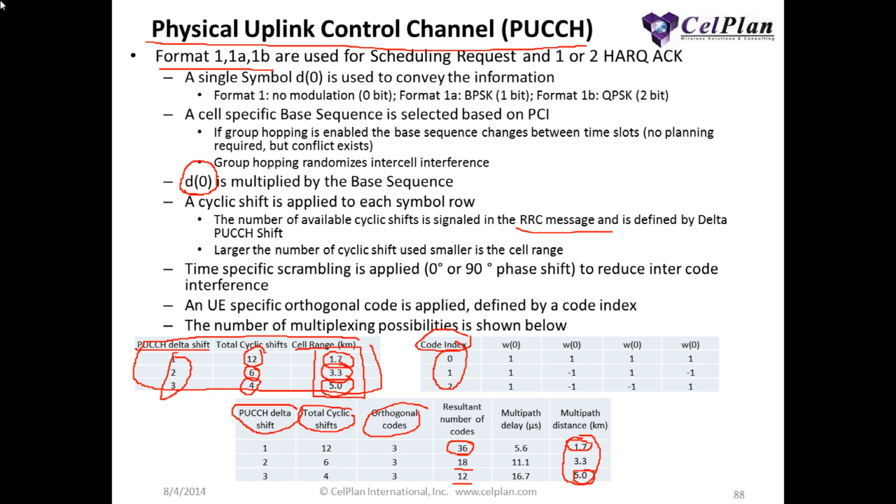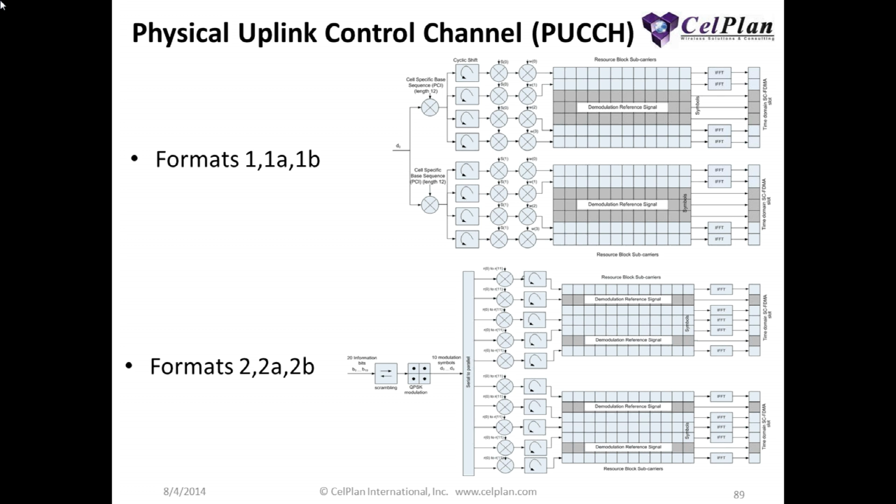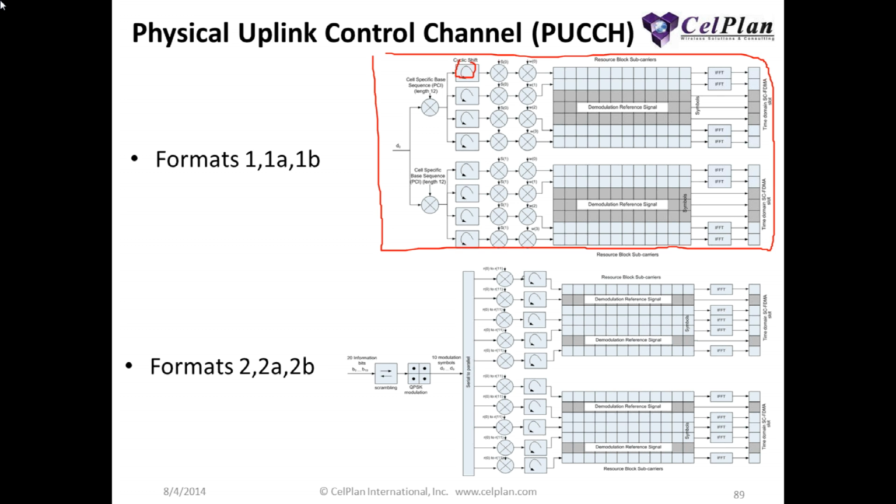If you have a large cell, you can have only 12. So what you need to do is increase the number of PUCCH channels. And here I am showing the PUCCH configuration and the way the encoding is done, the orthogonalization is done, so the information can be sent differently for each UE.